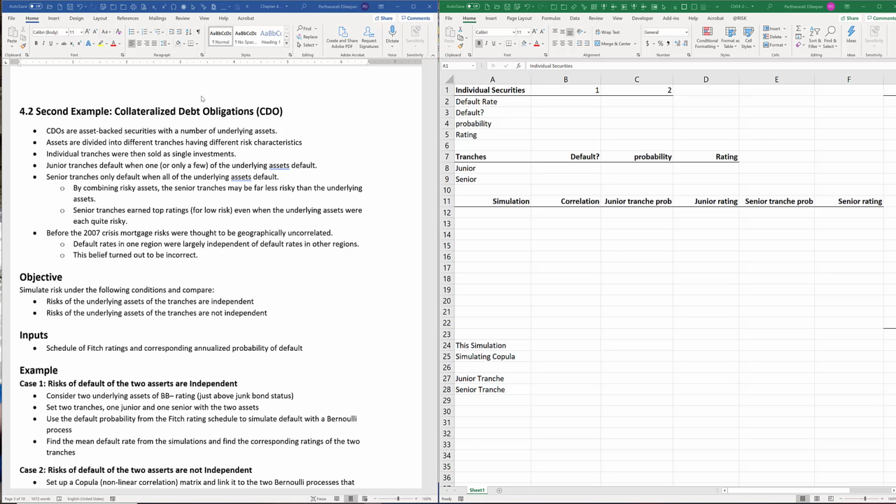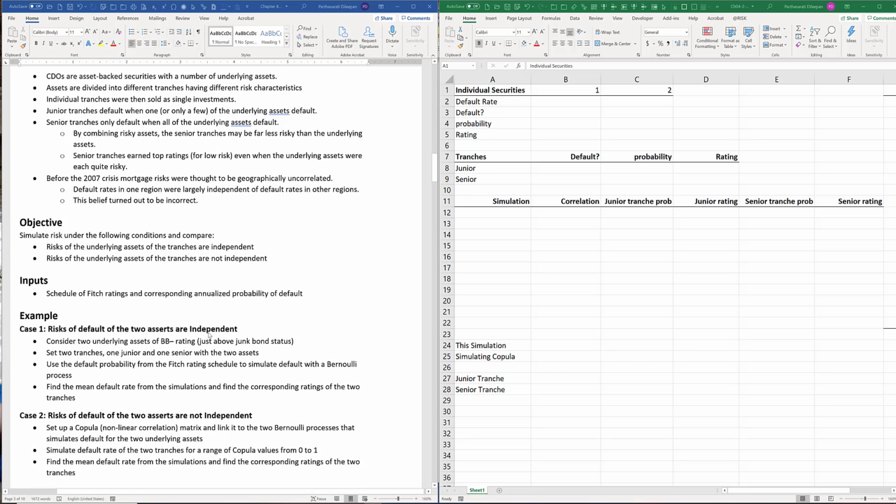First we will run the simulation as though the two assets are independent. We simulate the proportion of time the two tranches will default, then match that against the fixed rating table and see what kind of rating they will receive.